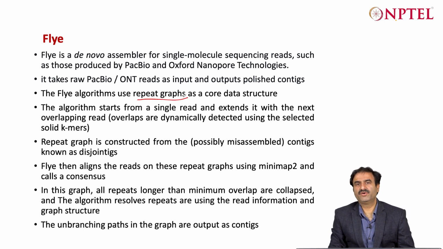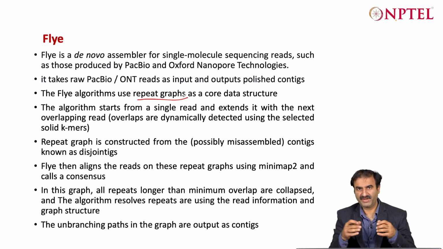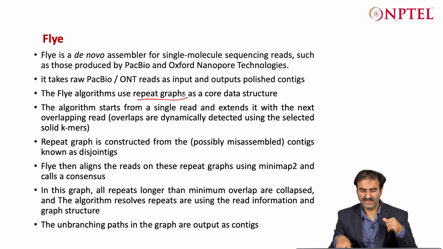Basically it takes all the reads, aligns them and checks whether they have some overlap, and if there is overlap between multiple reads, then it will combine all those reads together, collapse them and form a single read, looking at the consensus from all of them. This is called the overlap, layout, and consensus part. It also makes a repeat graph so that it can resolve the repeats well.